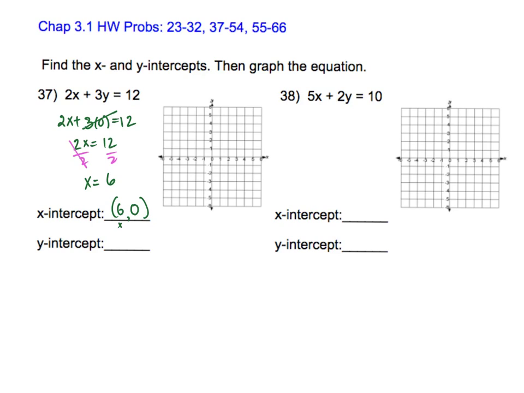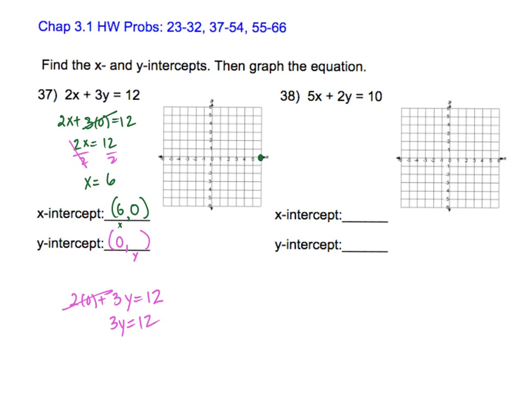So 1 down. And remember, intercepts are points. So I can graph this point at (6, 0), which would be right here. And then our y-intercept is when we plug in 0 for x and find our y value. So I'm going to do that down here. So taking the same equation, this time I'm going to plug in 0 for my x. So that means that the 2x will cancel since 0 times 2 gives you 0. 3y comes down.